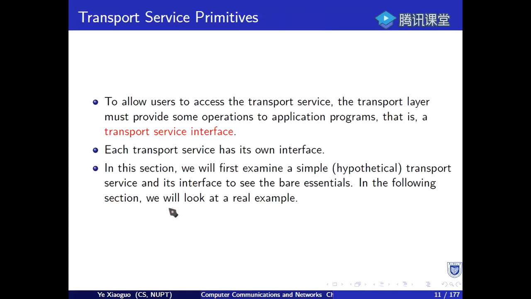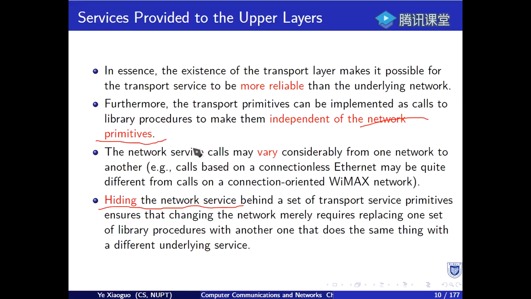To allow users to access the transport service, the transport layer must provide some options to application programs. That is the transport service interface, expressed as transport primitives.